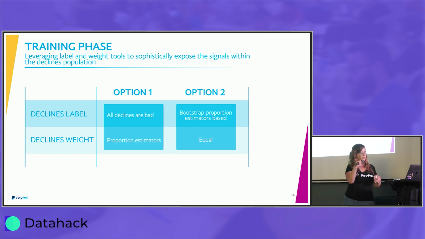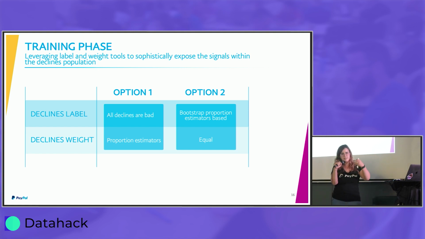So here are two options for this model training. For example, we can again look at the declines and label all of them as bad. However, in order to differentiate between the different declines, we can use the weights. We can assign to each decline the proportion estimator as the weight of that decline.